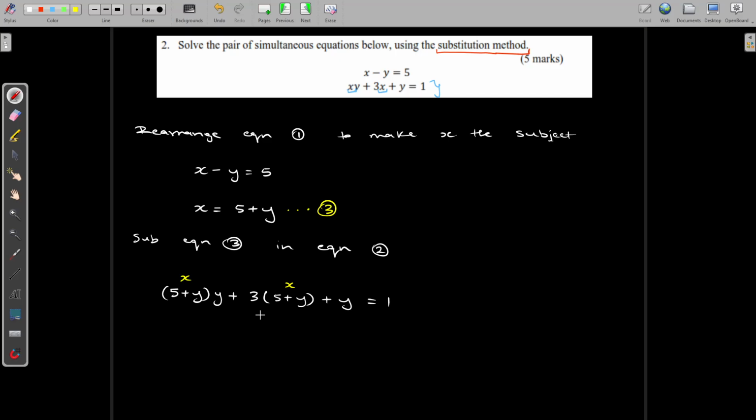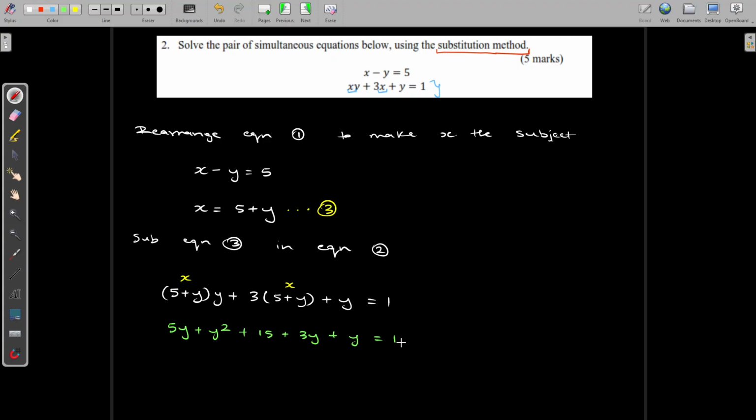Alright, so now it's just distribution and simplification. So let's see. Y times 5, that's 5y. Y times y, y squared, plus 3 times 5, 15. 3 times y, 3y. Plus y is equal to 1.